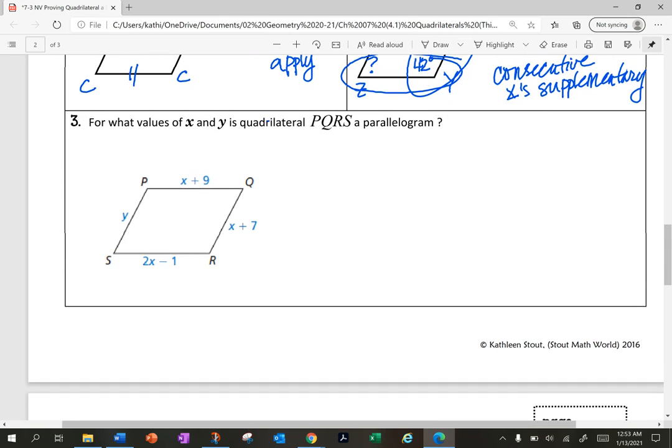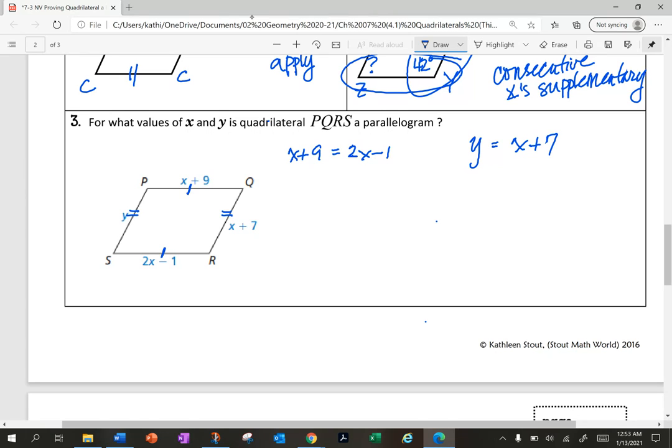For number 3, for what values of x and y is quadrilateral PQRS a parallelogram? The values to make it a parallelogram would be that my opposite sides are congruent. So I'm going to set up some equations. x plus 9 equals 2x minus 1, and y equals x plus 7.